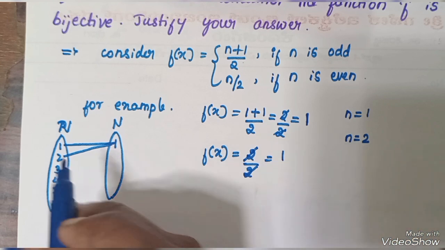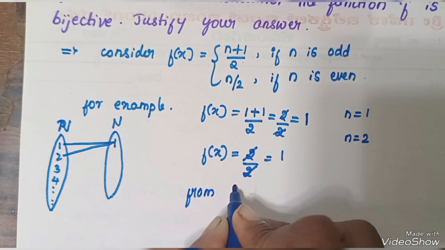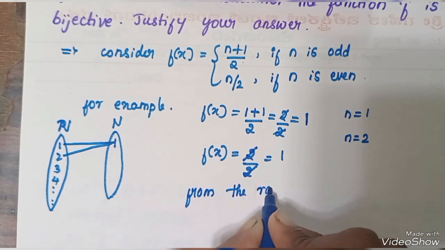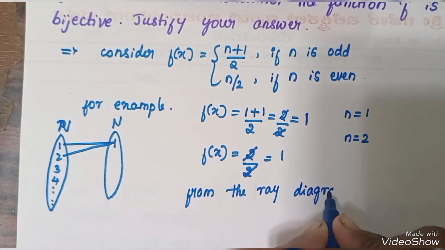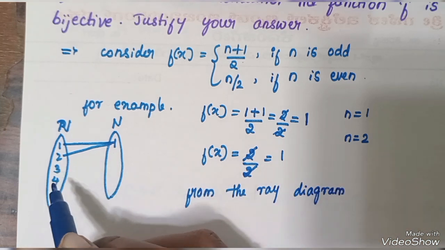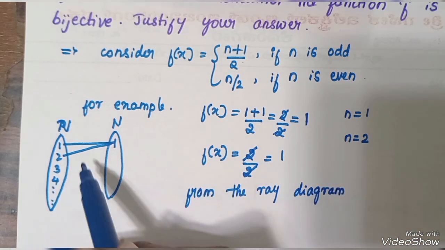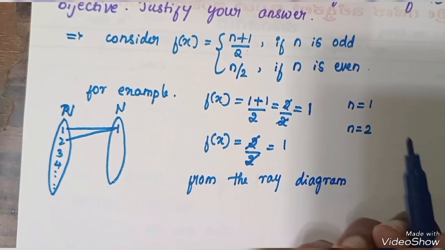From the ray diagram, checking all values is not necessary. Here we get 2 values, and it is enough for proof.